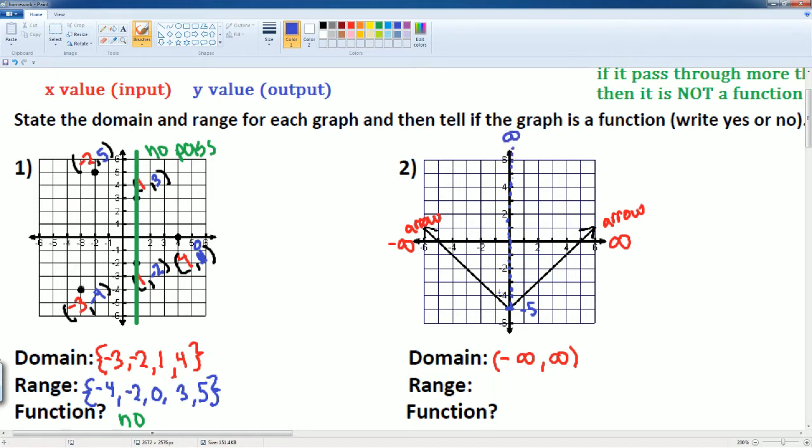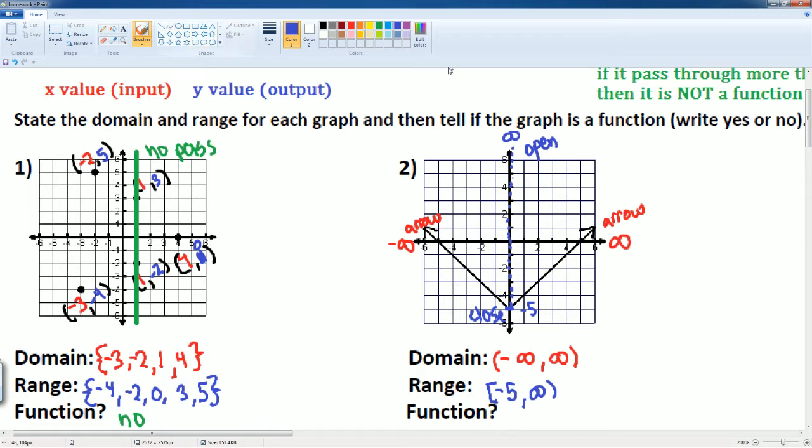So the smallest y value that we have here is -5, then it goes all the way to positive infinity. We open it at positive infinity because it keeps going, but we close it at -5 because the graph does touch it.